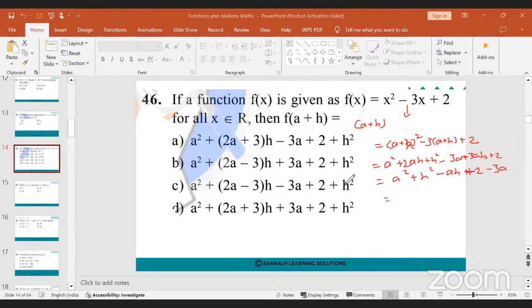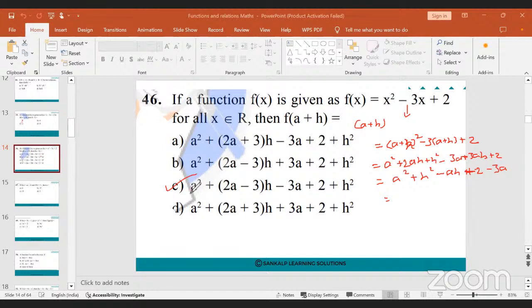So which option is suitable for this? Check out the answer. Option C or B. Please make sure option C is the correct answer.